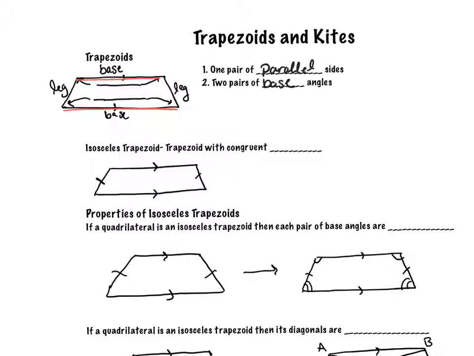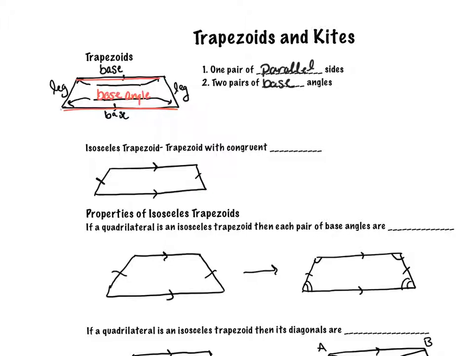Those are what I call my bases. I have the top base and the bottom base, and those are what make these base angles. I have two pairs of base angles, the pair at the top and the pair at the bottom.